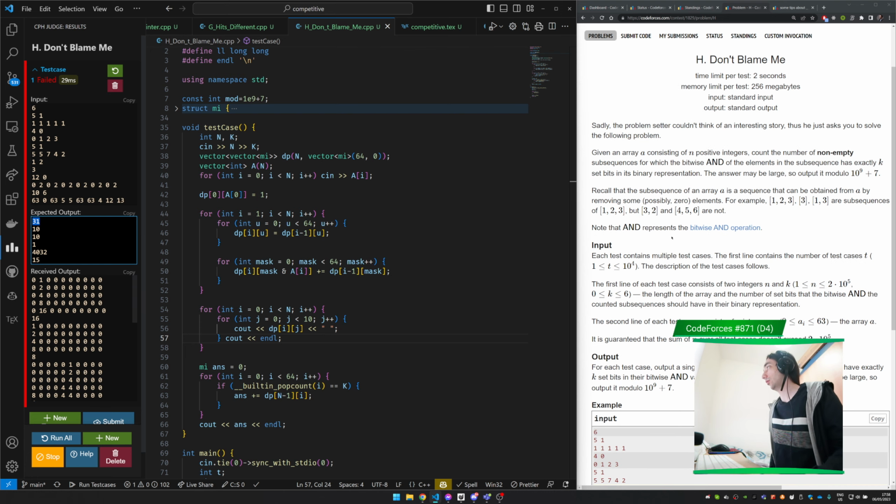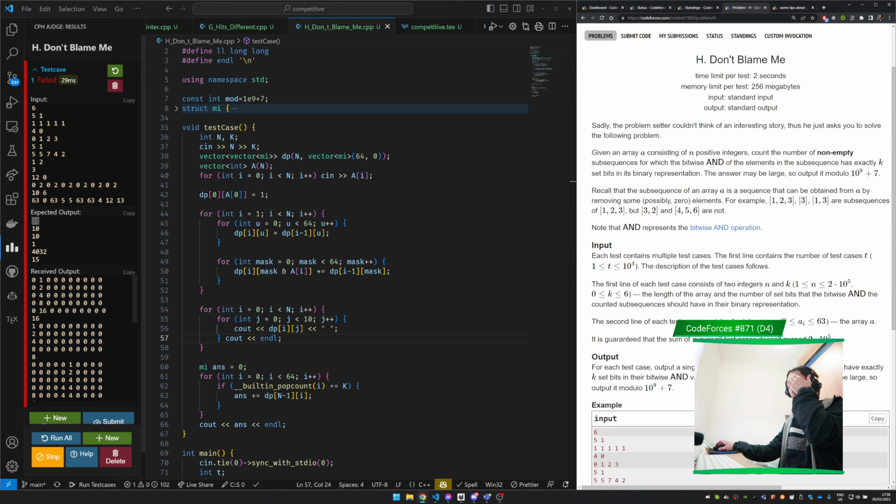Count the number of non-empty subsequences. How is it 32? 2 to the 5 is 32, right? Minus 1 for the empty subsequence.